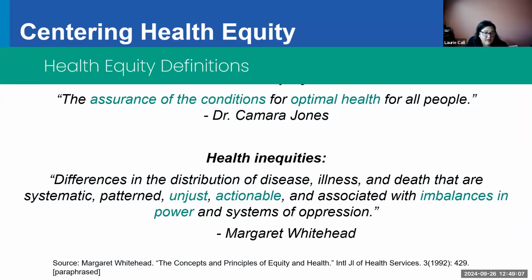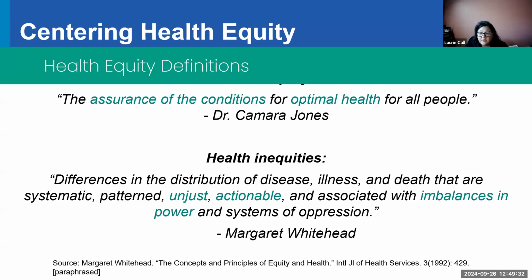And Margaret Whitehead: health inequities are differences in the distribution of disease, illness, and death that are systematic, patterned, unjust, actionable, and associated with imbalances in power and systems of oppression. You will hear that language quite a bit through here, and that is really intentional.